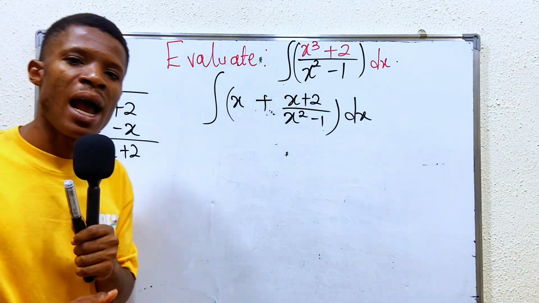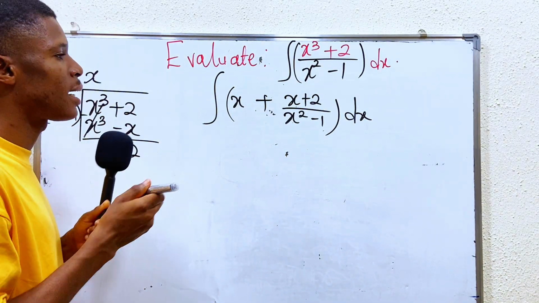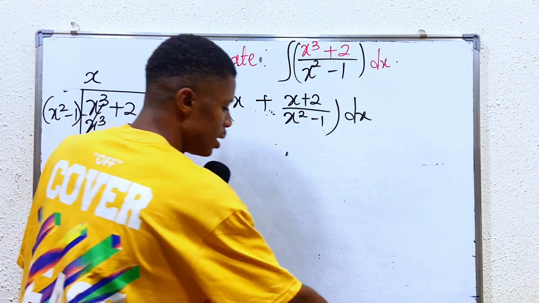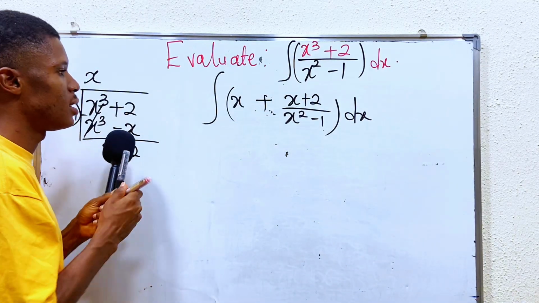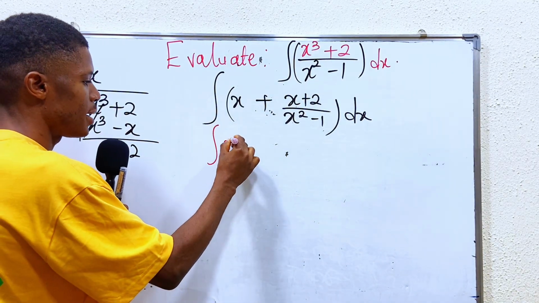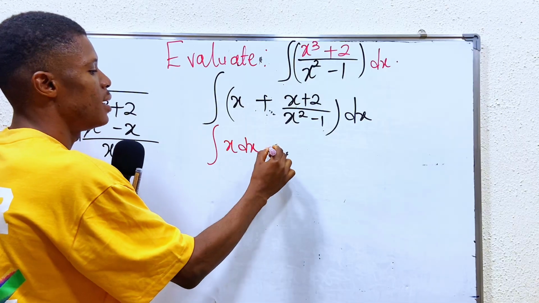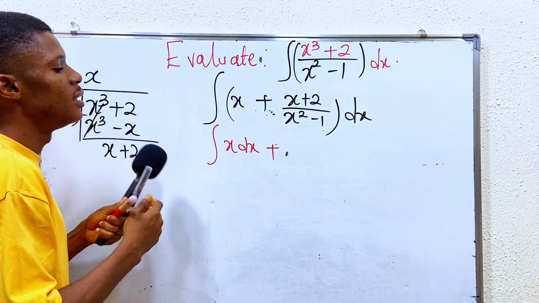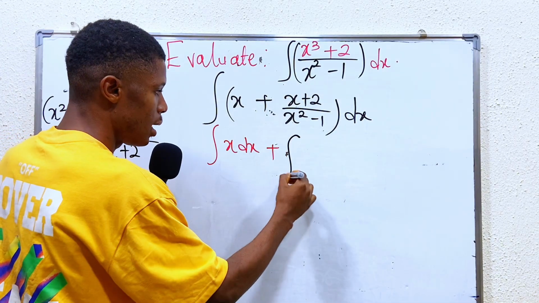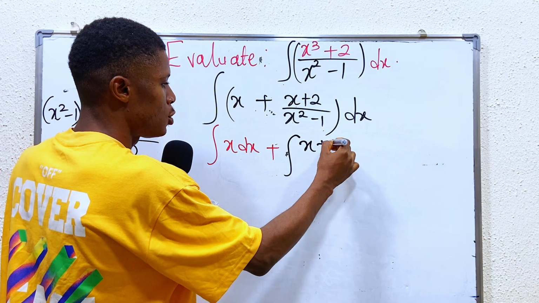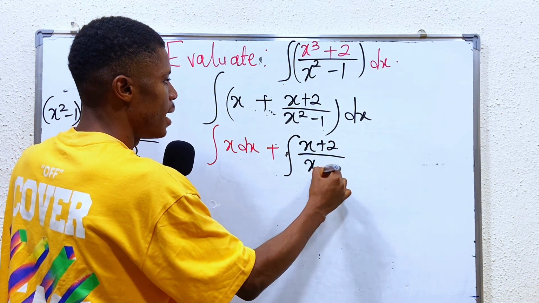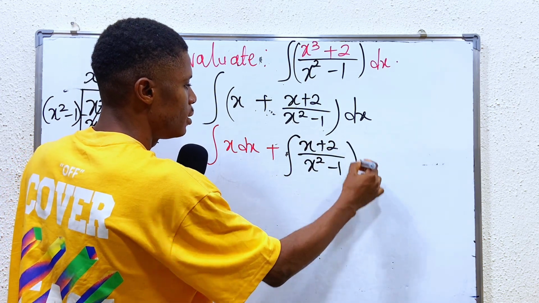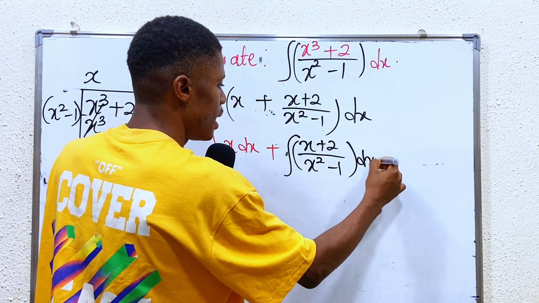Good. This can now be seen as the integral of x with respect to x, plus the integral of x plus 2 divided by x squared minus 1, with respect to x.